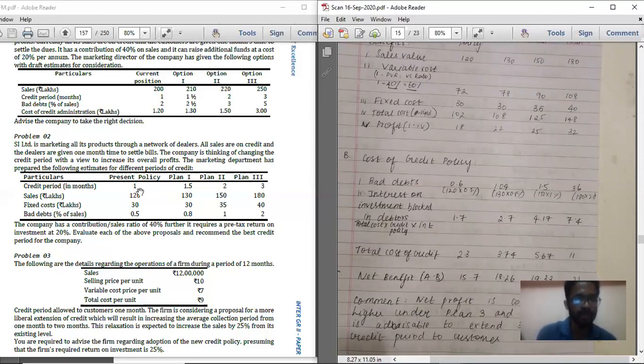Here the credit period is 1 month for present policy, so 1 divided by 12, into the interest rate at which you could have earned elsewhere. Instead of investing here, if you had invested somewhere, you would have got a return of 20%. So into 20%, that is 1.7. In respect of present policy, record 1.7.